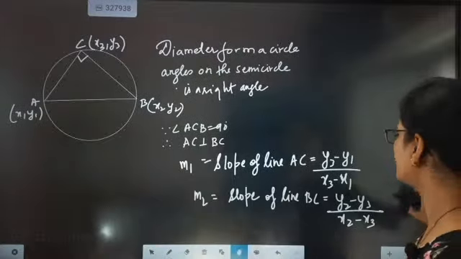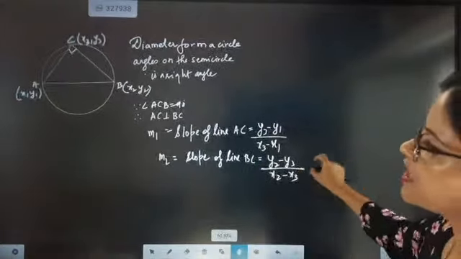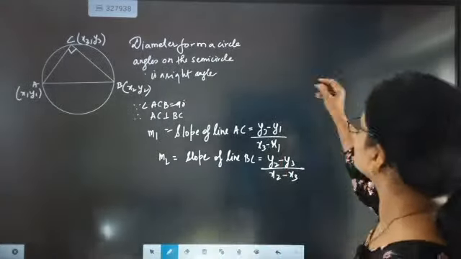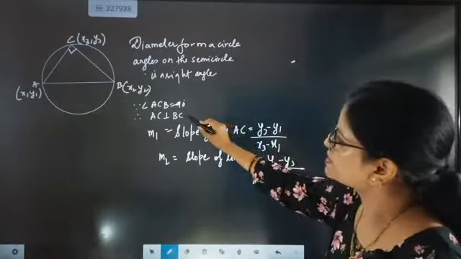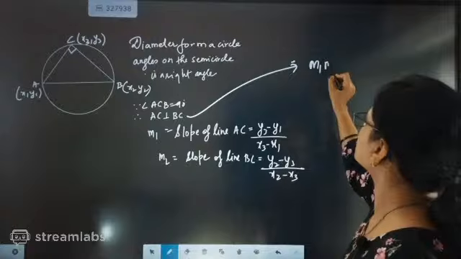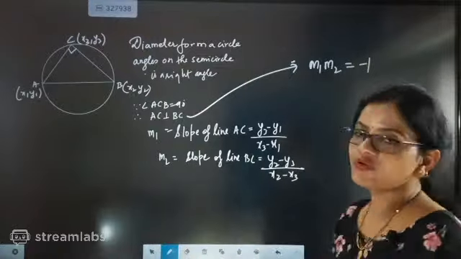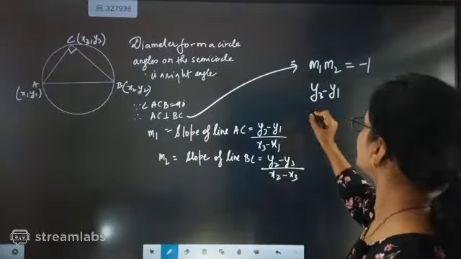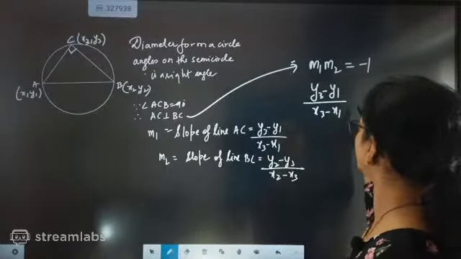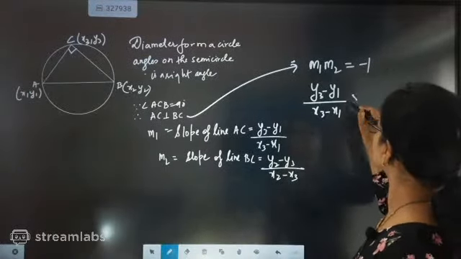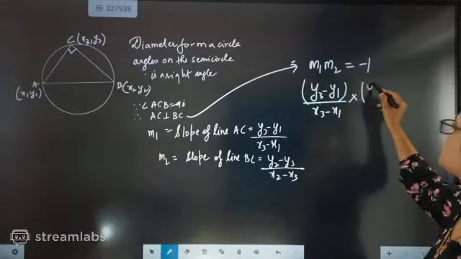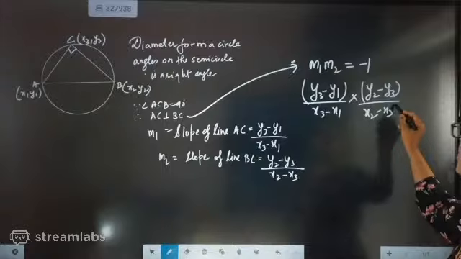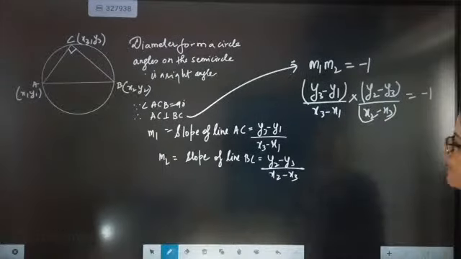Now beta, we know that both lines are perpendicular, and the slopes for perpendicular lines, the product of the slopes will be equal to -1. So the slopes: y3 minus y1 by x3 minus x1 into y2 minus y3 by x2 minus x3, and it will be equal to -1.